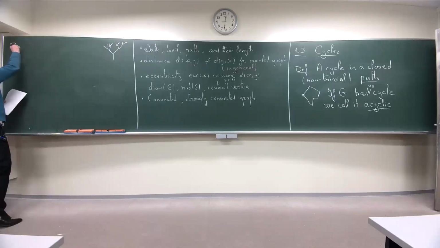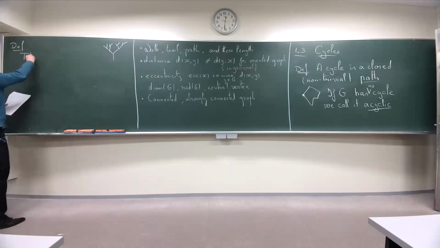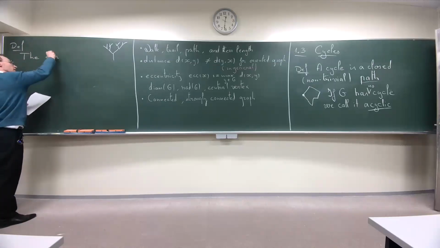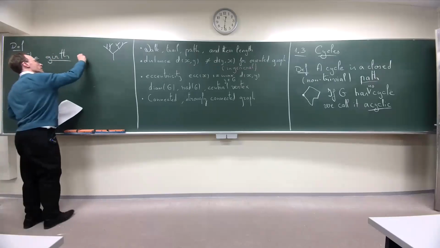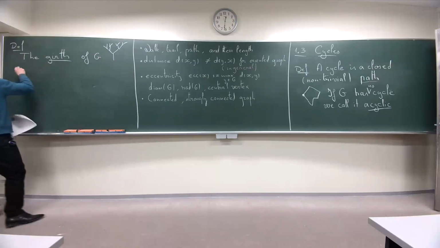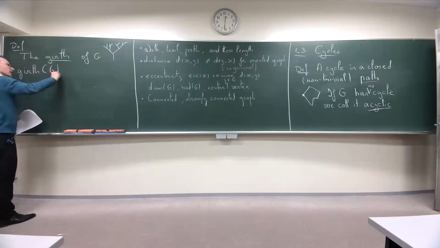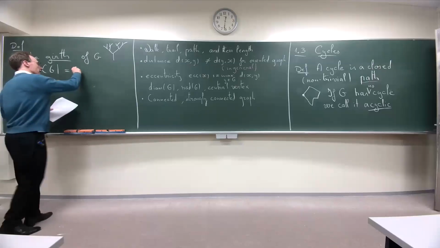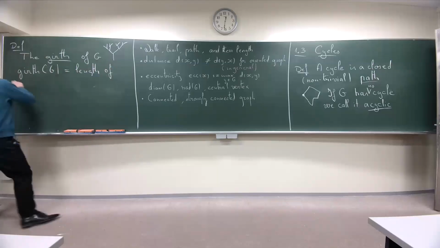Still related to cycle, the girth of a graph. This is written just girth of G is equal to the length of the shortest cycle.